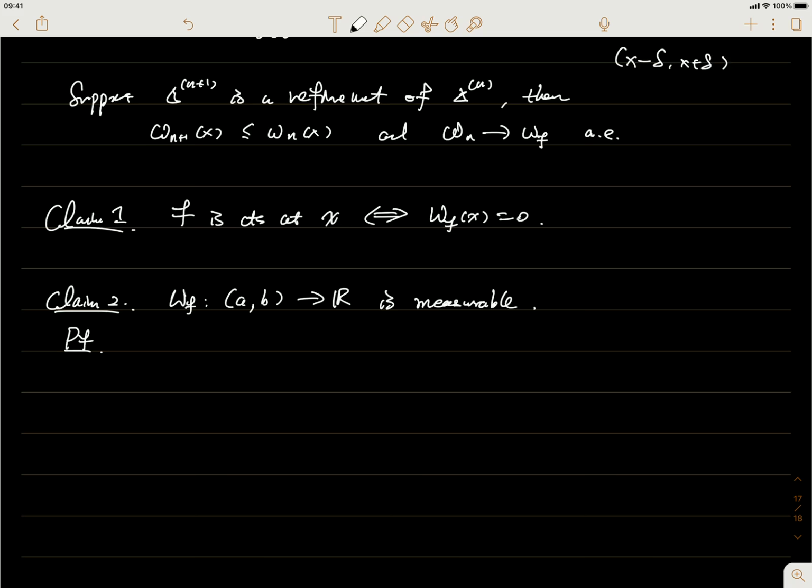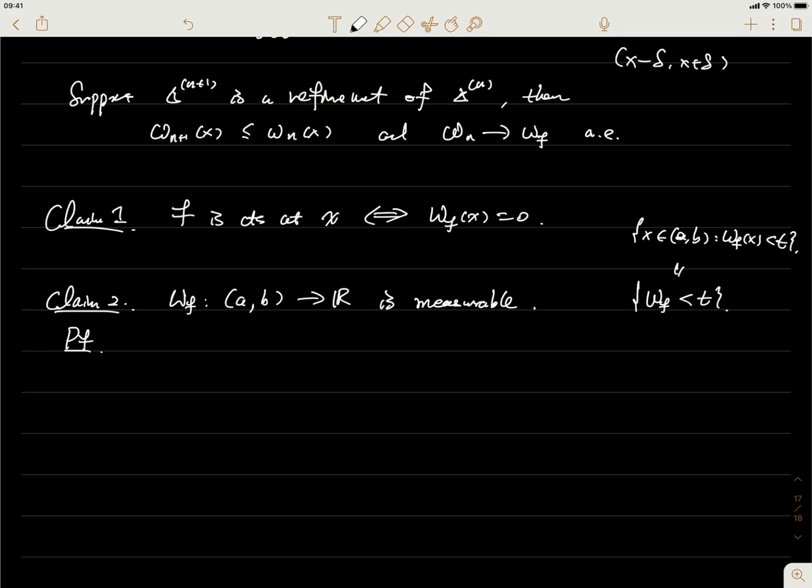To prove some function is measurable, recall the definition. We need to show that for any t, the set where Wf is less than t is a measurable set. This means all the x in (a, b) such that the omega f, or Wf, at x is less than t.